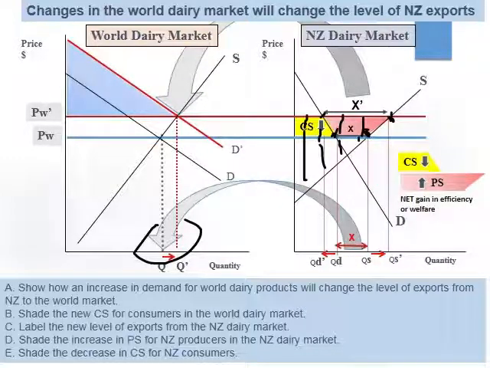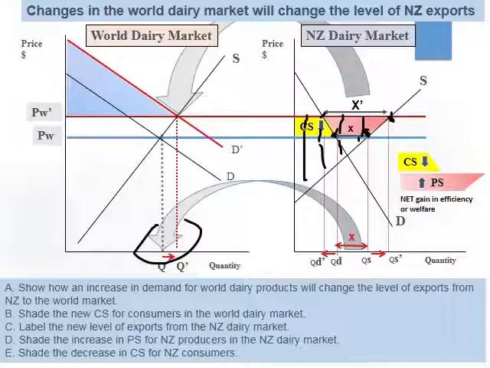In other words, because of the resulting increase in exports, the decrease in consumer surplus plus the increase shown in red producer surplus is the net gain in efficiency or welfare.